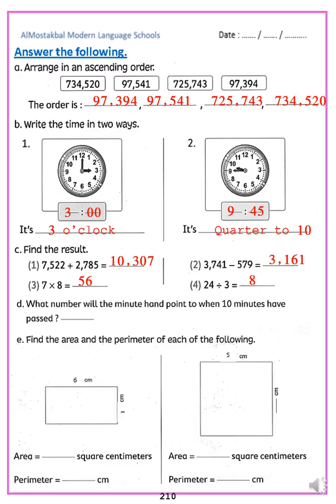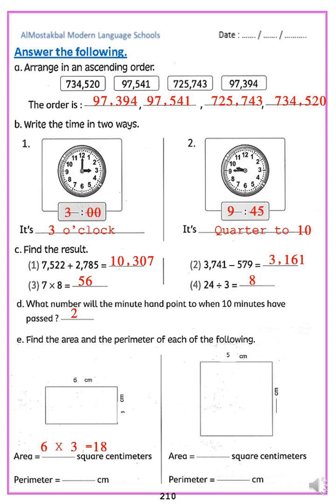The next question, what number will the minute hand point to when 10 minutes have passed? 2. Find the area and the perimeter of each of the following. The area here is 6 by 3 equals 18.